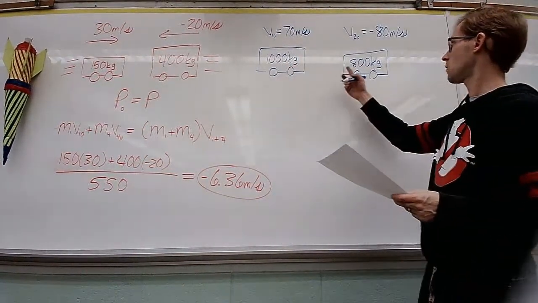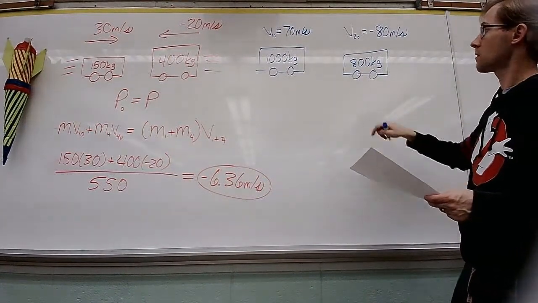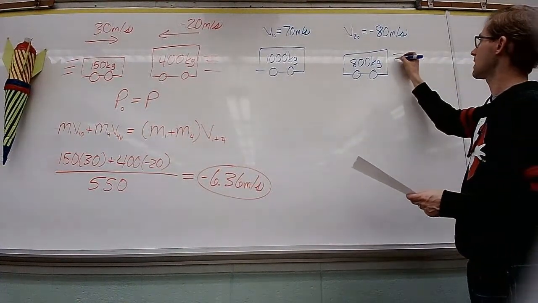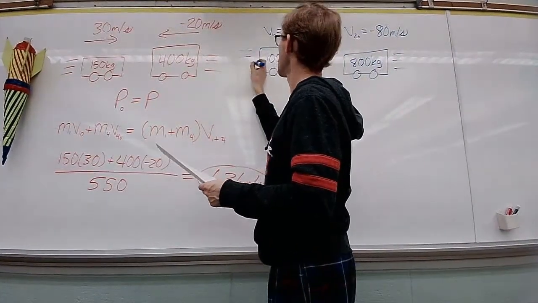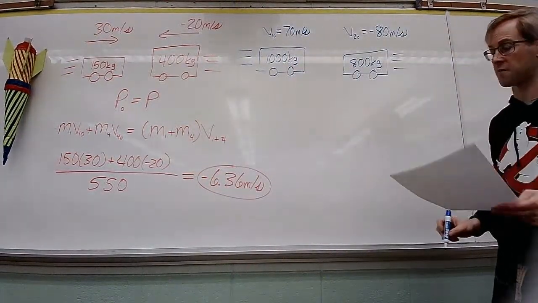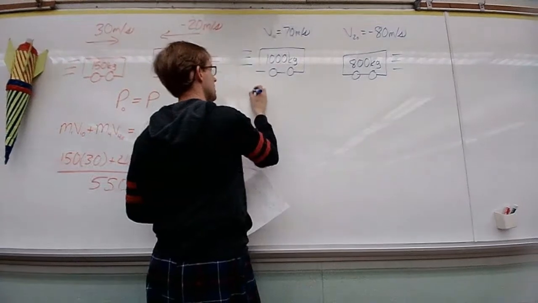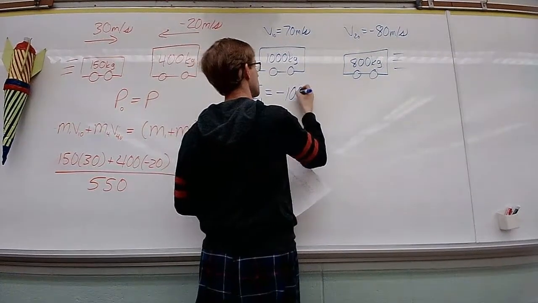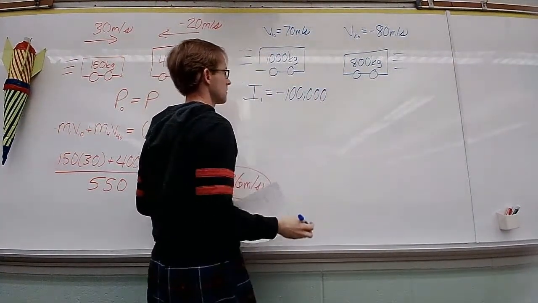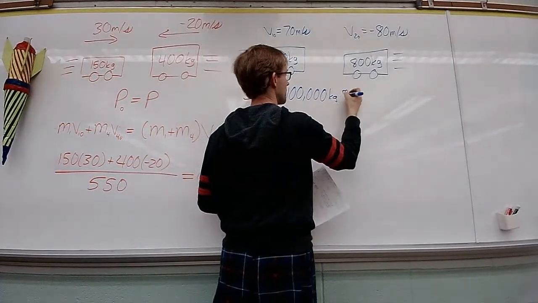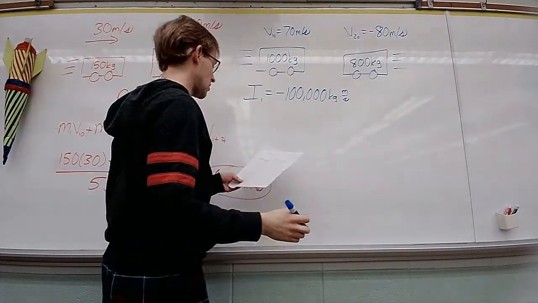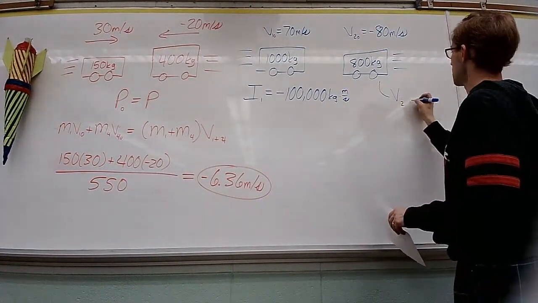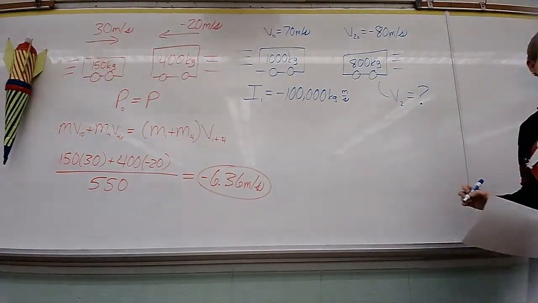Calling this mass 1, we'll call this mass 2. So this is going to the right at 70 meters per second. This is going to the left at negative 80. We also know a bit of information about after the collision. We know after colliding, the impulse on this object is equal to negative 100,000 kilogram meters per second. So knowing that information, I would want to calculate the final velocity of object number 2.